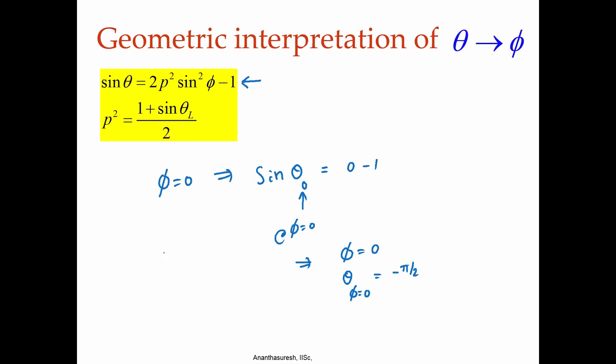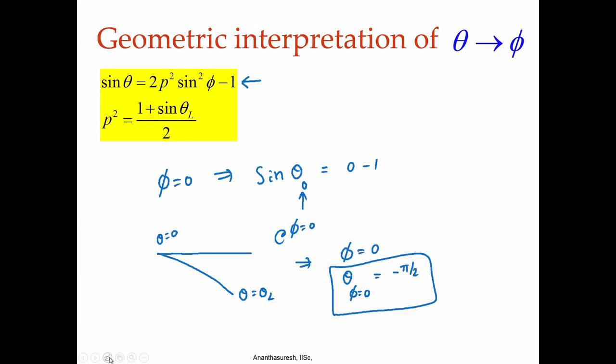So, what is happening is that if I have the beam like this, at this point theta equal to 0, at this point theta equal to theta L, but now we need to go to a point where theta corresponding to phi equal to 0 is minus pi by 2. That means this one with respect to horizontal, that is what we are measuring.